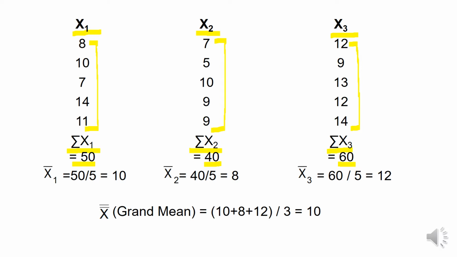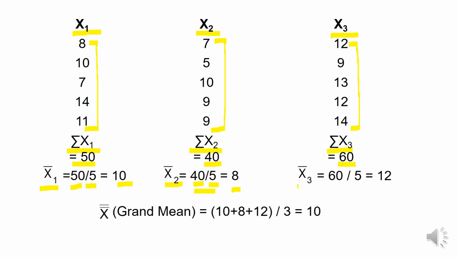Then we calculated the mean for variable 1 by dividing the summation value, that is 50, by the number of items, that is 5. So 50 divided by 5 is equal to 10. Similarly, for the mean of variable 2, that is x2 bar, we divided the sum, that is 40, by the number of observations. 40 divided by 5 is equal to 8.